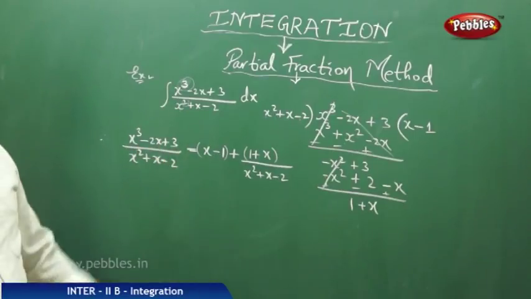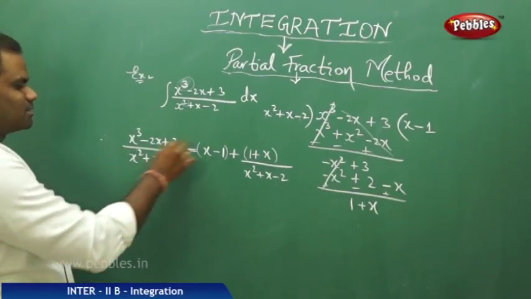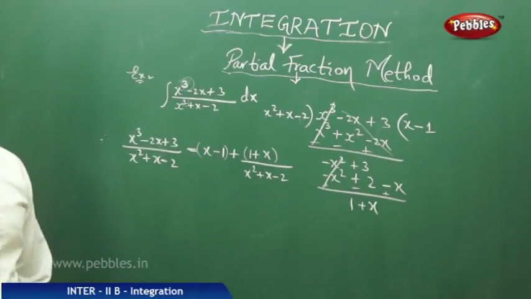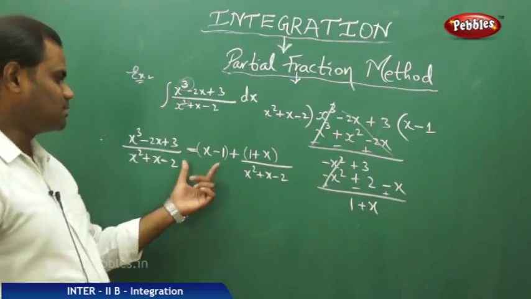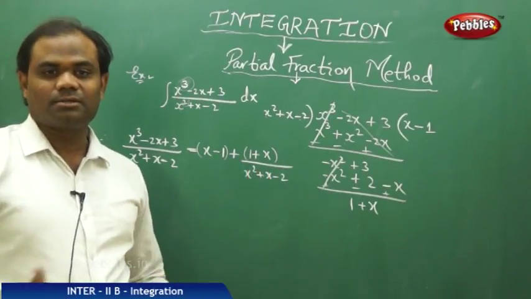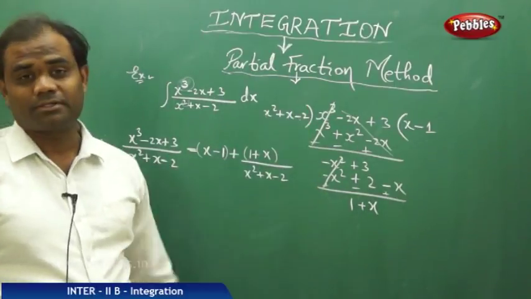So once I obtain this, the integration of this is nothing but the integration of the right hand side. And this is going to be integrated using some standard formulae and of course partial fractions.